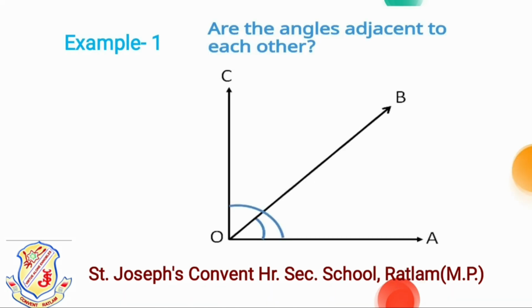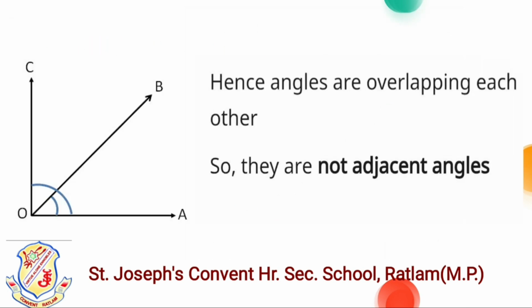Now children, let's take an example. In this figure, can you tell that these angles are adjacent to each other? These angles, meaning angle COA and angle BOA. No, because the angles are overlapping each other. That's why they are not adjacent.